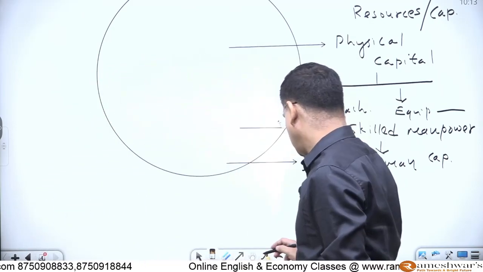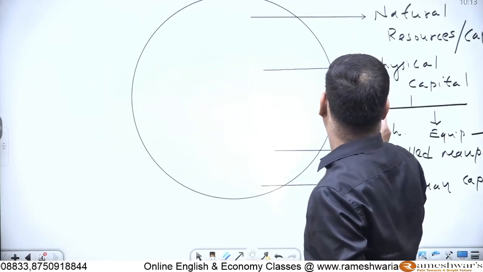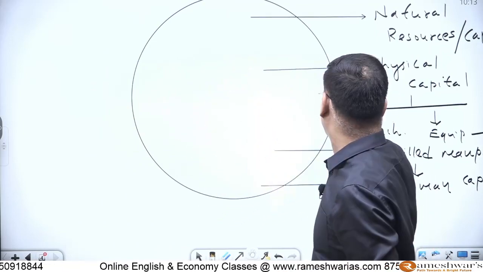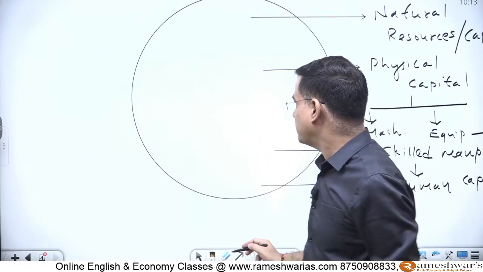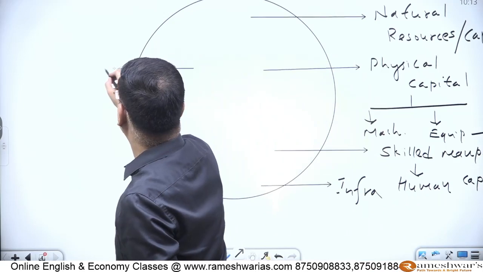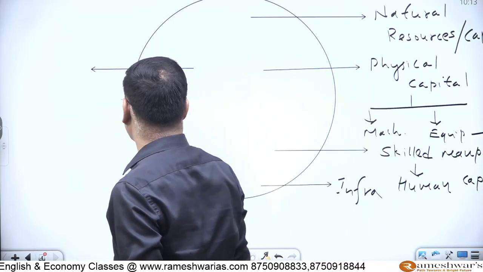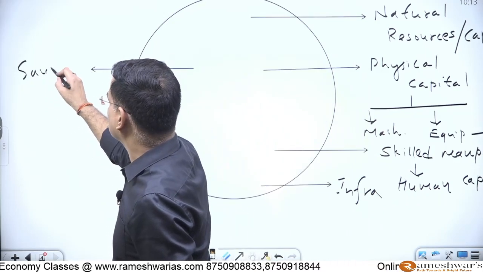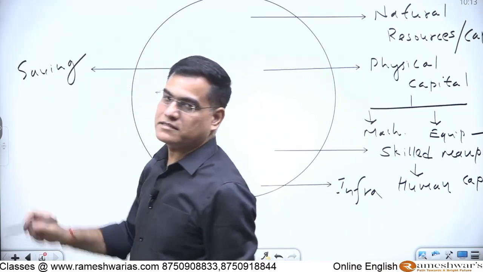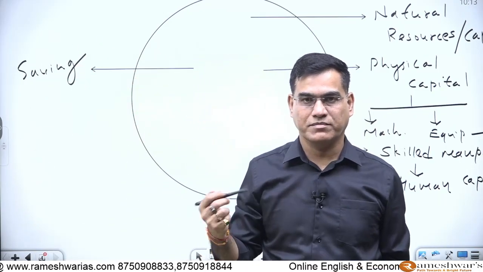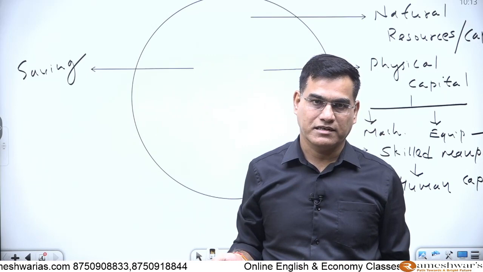Now, friends, not only these items are required, but if you want to go for physical capital formation, you need savings. So saving in a country is also required. And there was a UPSC mains question once, that do you think that saving rate is a critical factor to determine the economic growth of a country?